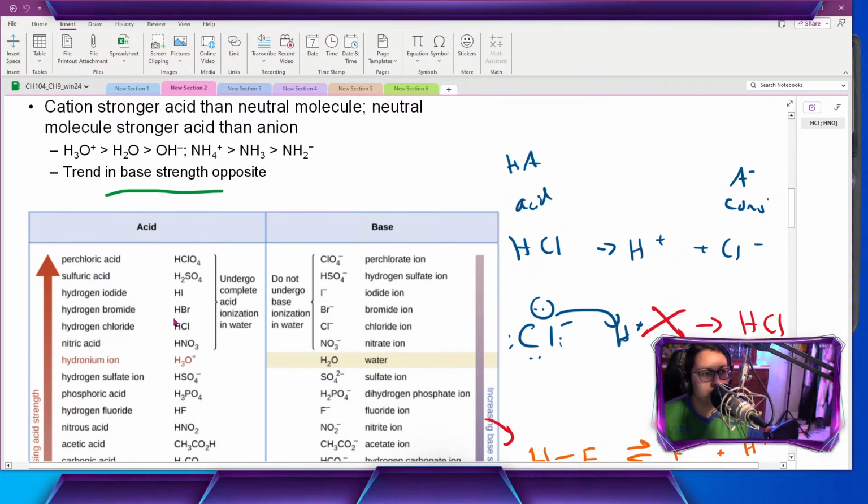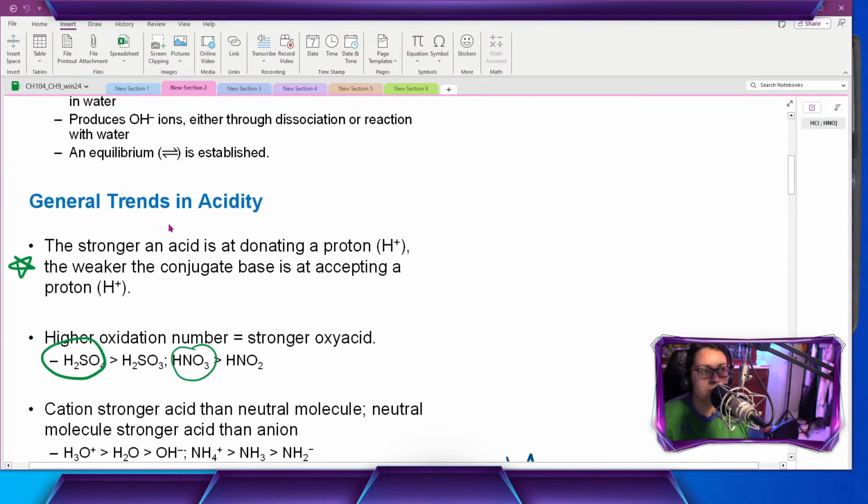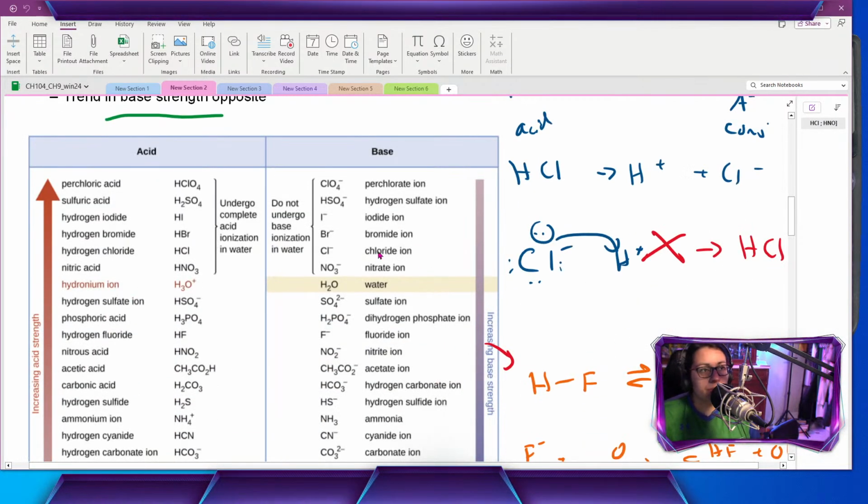So, right, we said, well, we had our strong acids that completely disassociated. So that means that their conjugate base cannot reform the acid. So again, going back to this statement, the stronger an acid is at donating a proton, the weaker the conjugate base is at accepting a proton. Very key there.